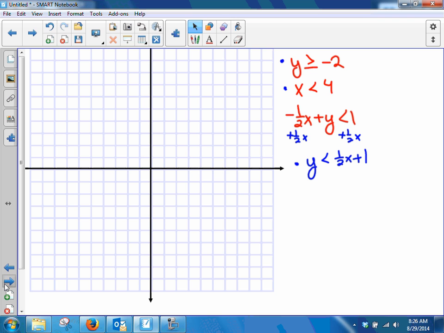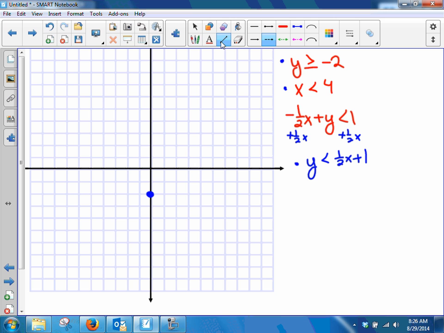So what are you going to do for the y is equal to -2? Where do I put my dot? Up, down, left, or right? Down. Yep, it goes down at -2. Okay, and then what kind of line should it be? It should be horizontal, and is it solid or dotted?